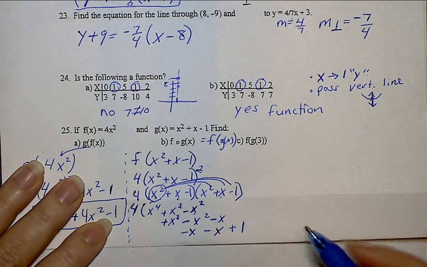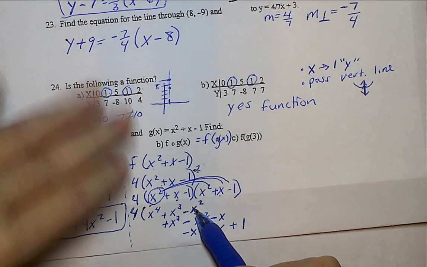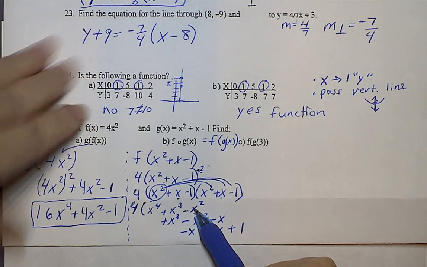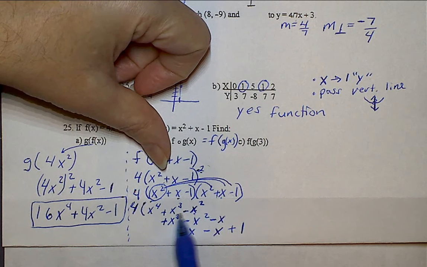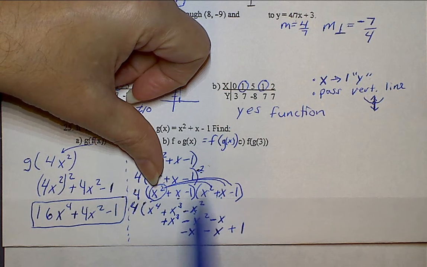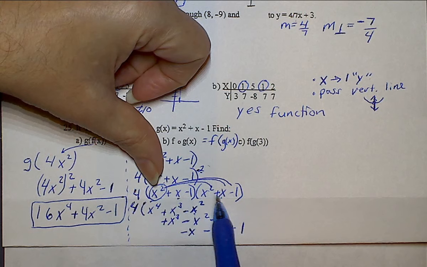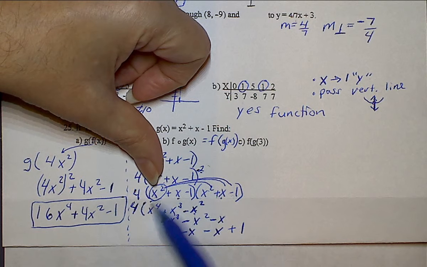Alright, so I'm going to check these ones right here because I think I messed up again. I should restart the video, but I don't want to redo all the problems. So let's see if I can find my mistake. Checking this one, we have x squared and x squared is x to the 4th. X squared and x is x cubed. X squared and negative 1 is negative x squared.